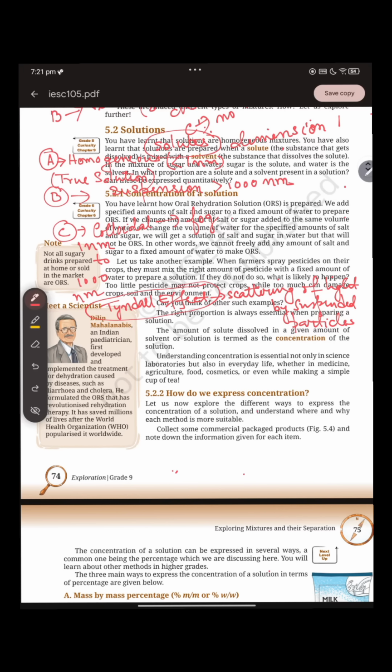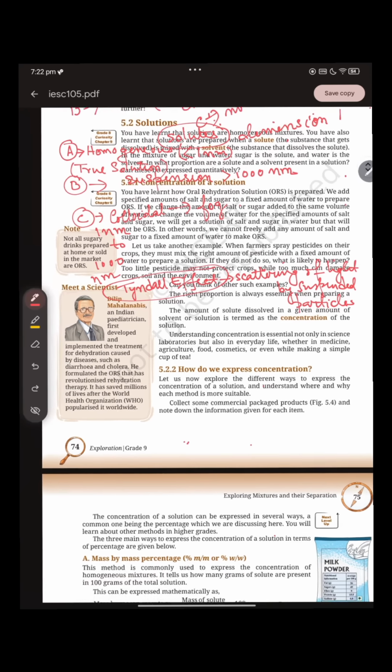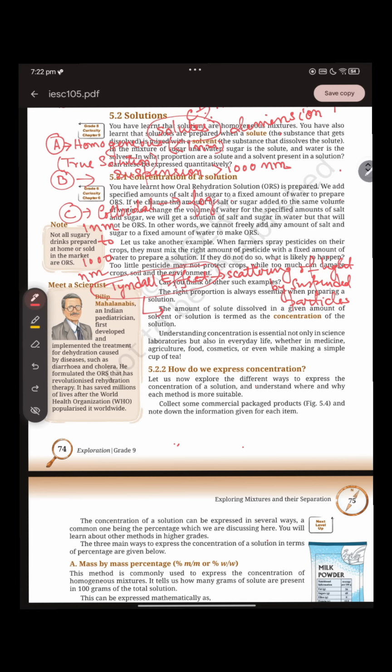You see it in forest also. True solution, you don't see Tyndall effect, right? You see Tyndall effect in colloids, you see Tyndall effect in suspension also, because the particles are large in size. In true solution, there is no Tyndall effect because the particle sizes are so small, they do not show Tyndall effect, right?